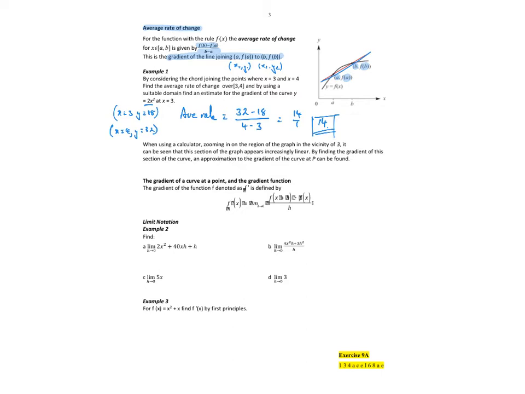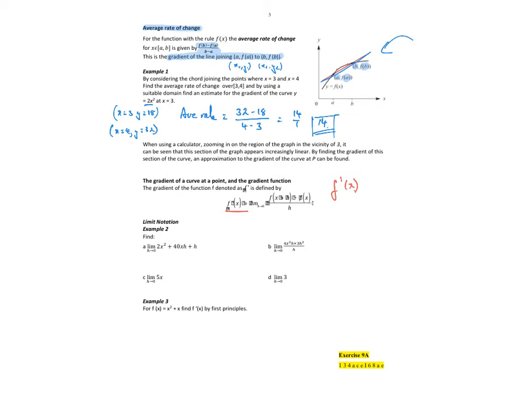Now, I'm not too sure what happened to my printout here, boys, but this is telling me a rule to find the gradient of the curve at a point. So up here, that's the average over that interval. But what actually is the gradient at that point, or at that point, or at that point? That's what this notation is about, and that's where that terminology comes from, f dash of x.